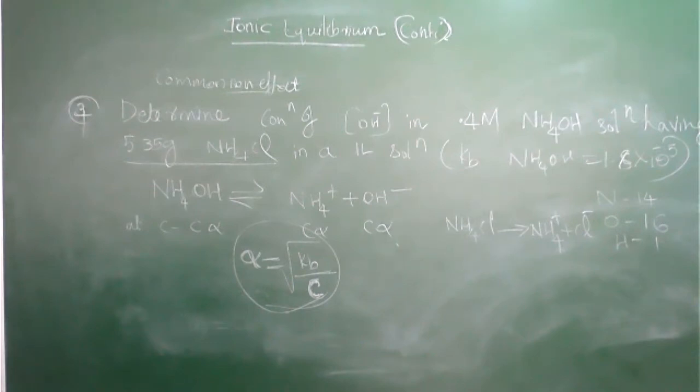So it's a big one. For that purpose, we want to do this Oswald dilution law. We can't neglect, na? So you want to do quadratic equation form. It's difficult. That's why I'm recommending Oswald dilution. You can try that one. Tell me the alpha value.